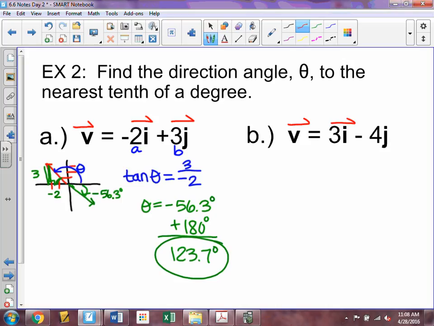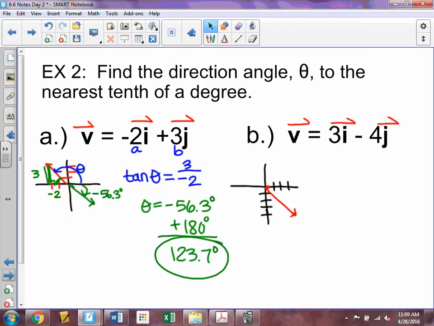Let's try this one. We've seen this vector already today. 3i minus 4j. I haven't set up your problem for that. I'm finding that position vector. 3i minus 4j. I'm again going to sketch a picture. Quadrant what? 4.